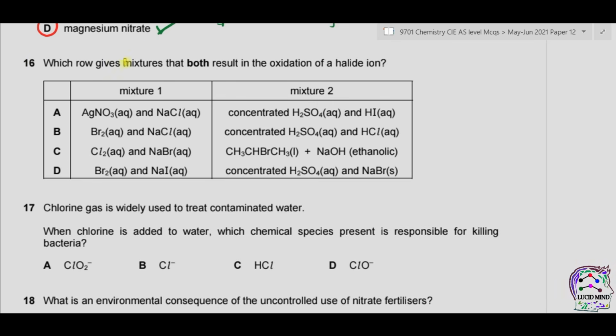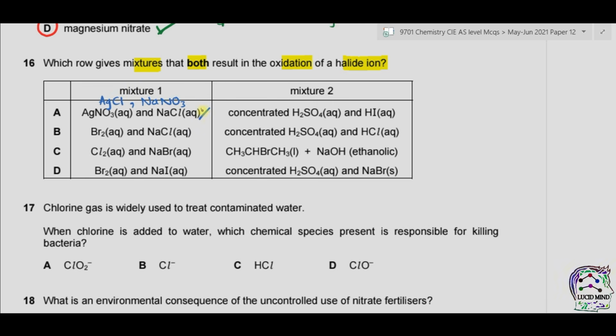Question 16. Which row gives mixtures that both result in the oxidation of a halide ion? In A, we have silver nitrate and sodium chloride. Now silver nitrate aqueous can react with sodium chloride to form silver chloride and sodium nitrate. Now the oxidation state of Cl has not changed. Cl is -1 on the reactant side and -1 on the product side.